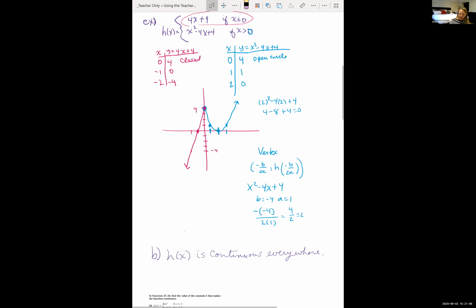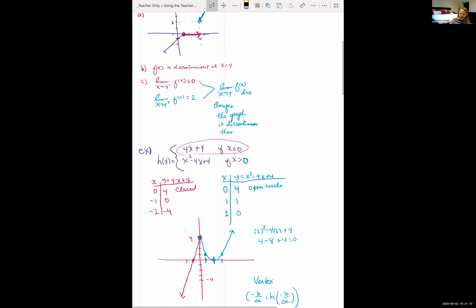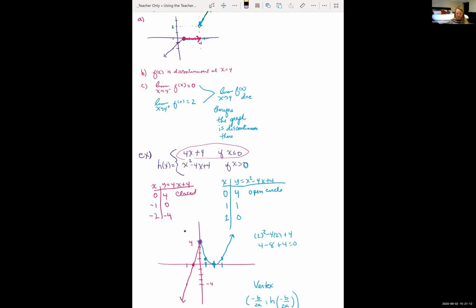But if this had been strictly less than and strictly greater than 0 in this case, we would have had an open circle here at 0, 4. That is called a removable discontinuity. If there's just an open circle, and you define that point, it would then make it continuous there.